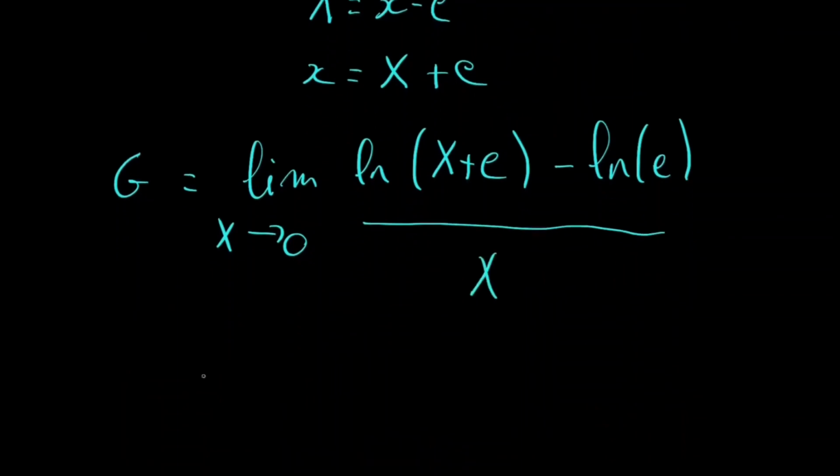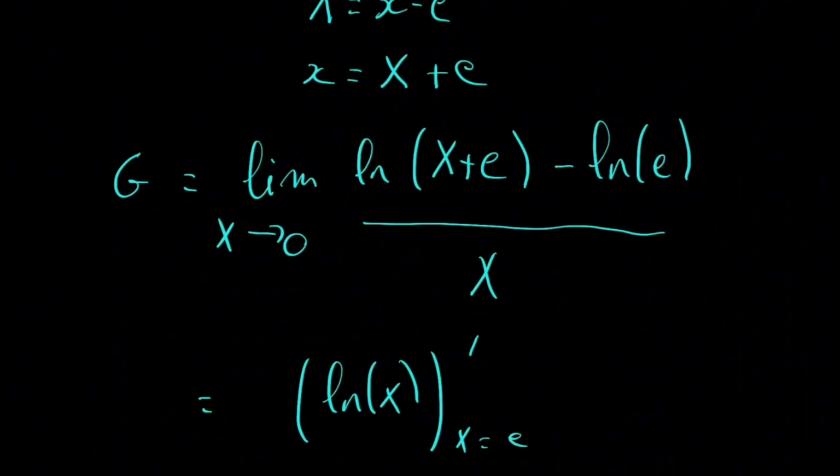And this is exactly the derivative of ln of x, so ln of x prime evaluated at x equal to e. This is exactly the definition of the derivative.